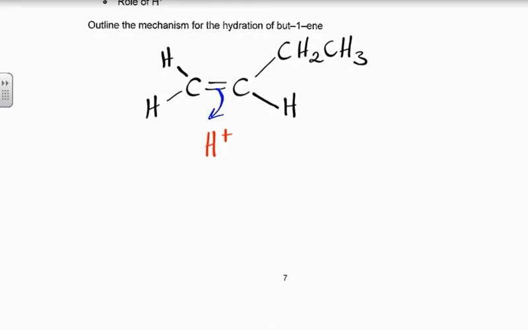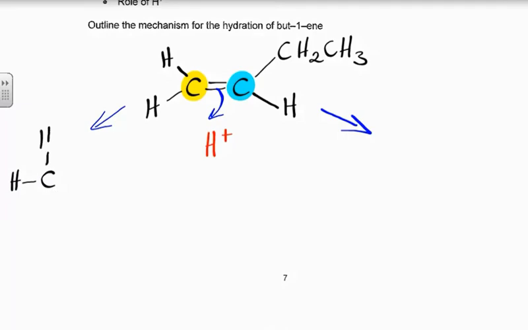Mechanism starts the same, double bond breaks, going to the hydrogen ion. I'm going to go down either side of the page here. So see if you can draw the two intermediates. So the hydrogen can either attach to the yellow carbon or the blue carbon.